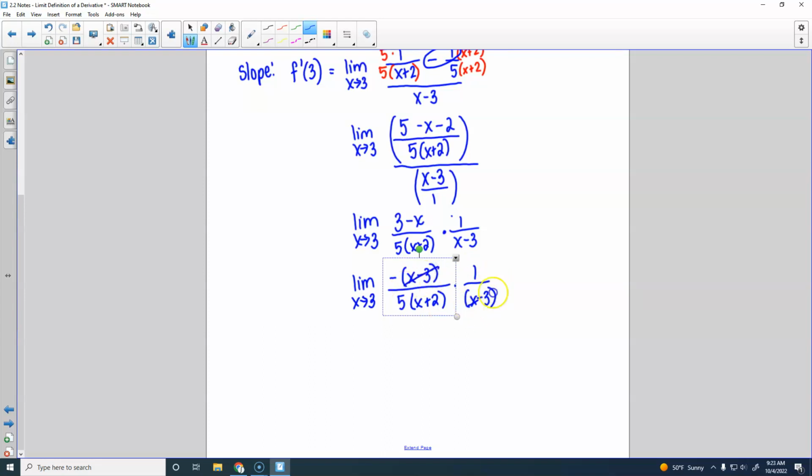And now the x minus 3's can cancel. So we're doing the limit as x approaches 3 of negative 1 over 5 times x plus 2.